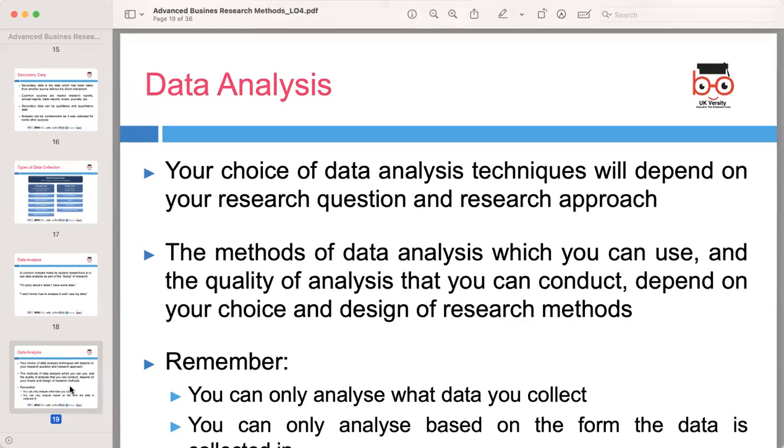Data analysis techniques are chosen based on your research questions and approach. The quality of your analysis is influenced by the design of your research methods. Remember that you can only analyze the data you collect, and the form in which the data is collected determines the scope of your analysis.